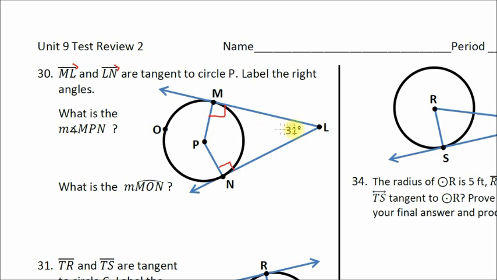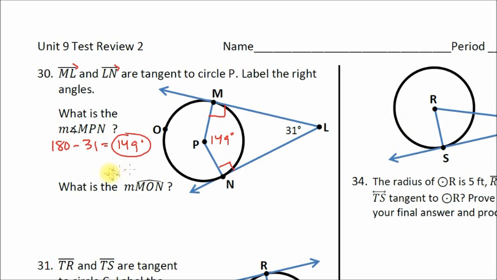That means these two angles, angle MPN and angle L, have to add up to 180. So all we're doing here is taking 180 minus 31, and we're going to get 149 degrees.